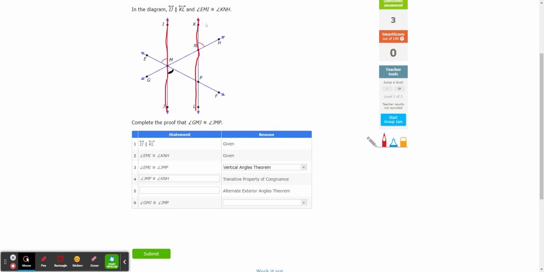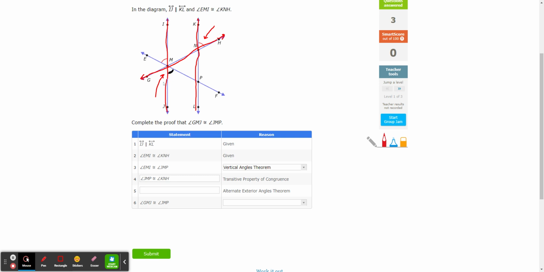We already proved that. So that's the parallel lines we're going to look at. And if I look at this transversal, GH, we're going to use that as the transversal. We've got some alternate interior angles. I'm sorry, alternate exterior angles right here.